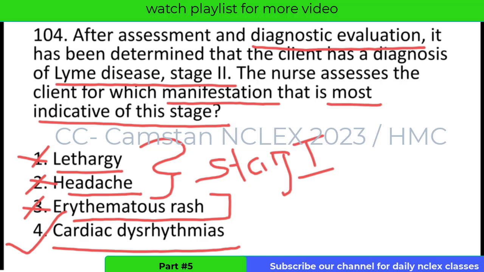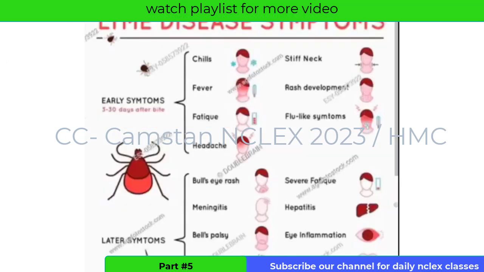So here the right answer of this question is option 4, that is, cardiac dysrhythmia can be seen in stage second of Lyme disease. Lyme disease is mainly caused by the bite of ticks and transmitted to humans through the bite of infected ticks. So cardiac dysrhythmias is the most indicative manifestation of stage second Lyme disease.